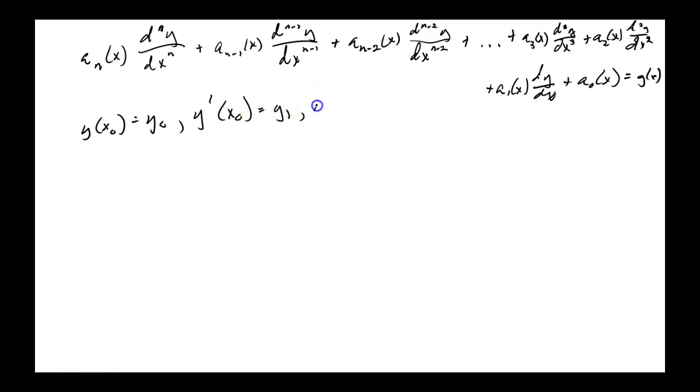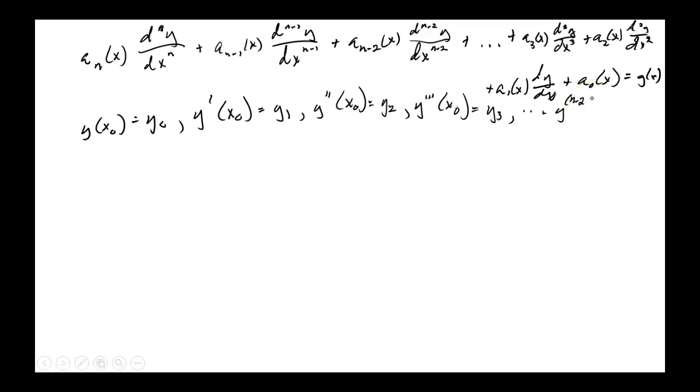And subject to y double prime at x sub 0 will be y sub 2. And y triple prime at x sub 0 will be called y sub 3. And we'll keep on counting down.